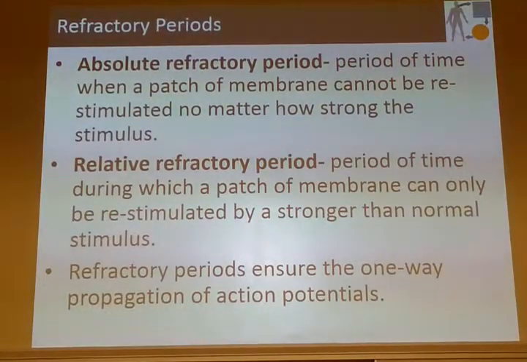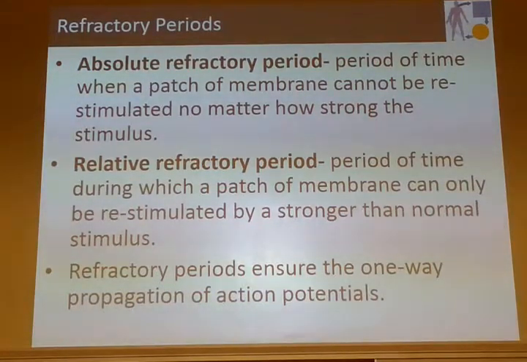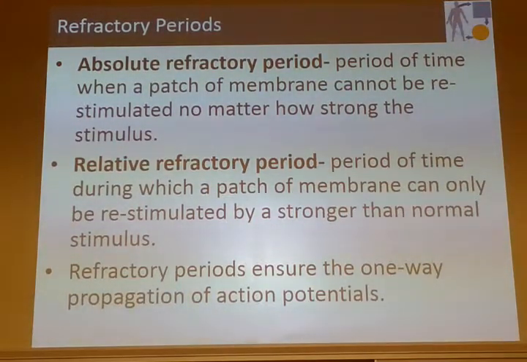Absolute refractory period: nothing you do to this neuron is going to get another action potential generated. The absolute and relative refractory periods make it highly unlikely that action potentials are going to be generated upstream, except from that trigger zone due to another stimulus, a wave of stimulation coming into the cell body and the dendrites.